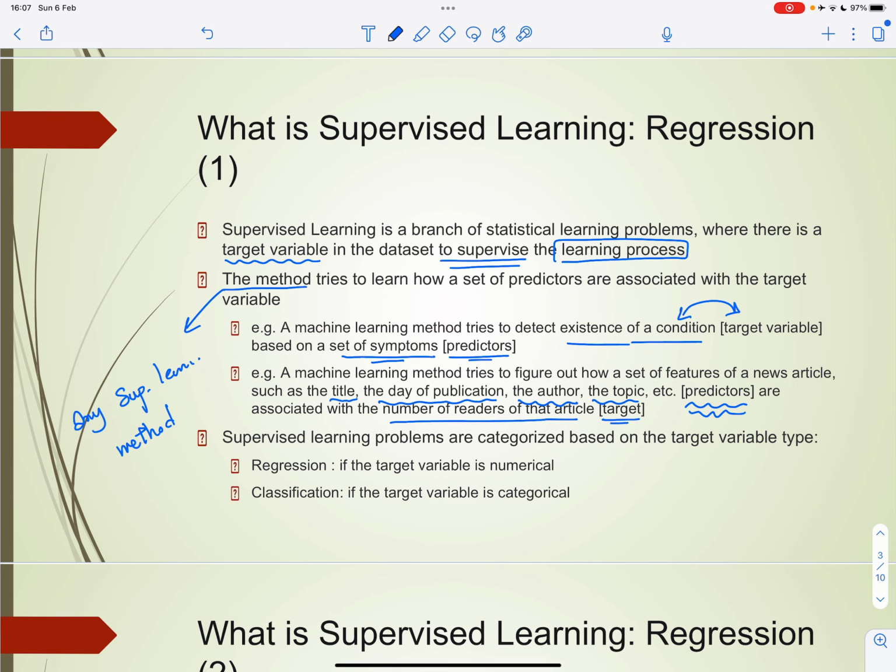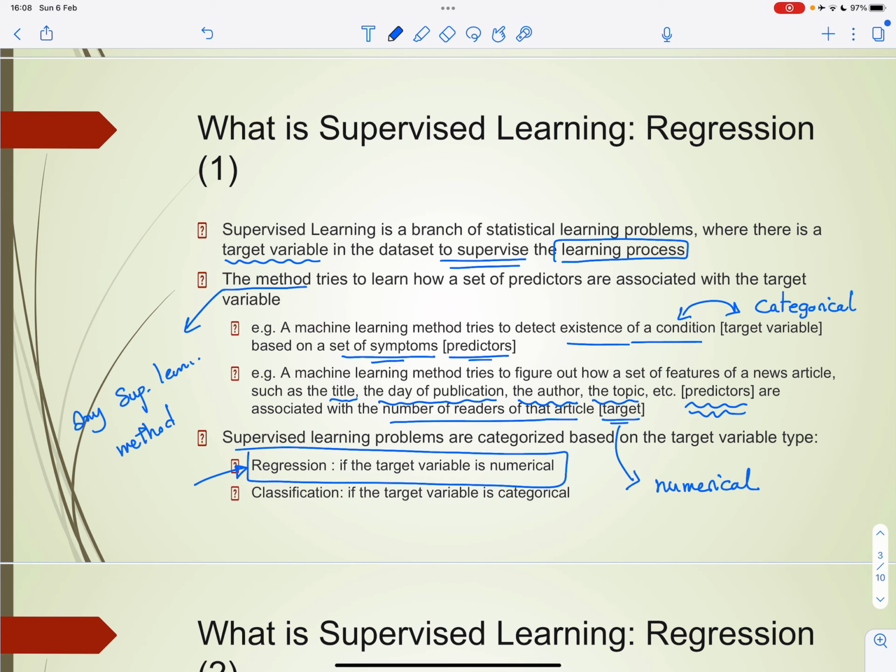This is the target. In the first one, the target was a categorical variable. In the second one, the target is the number of readers, right? So the target is numerical. Supervised learning problems are categorized based on the variable type of the target. If the variable type is numerical, then we have a regression problem.